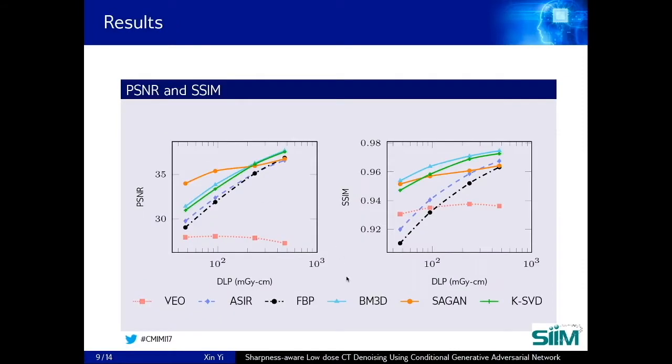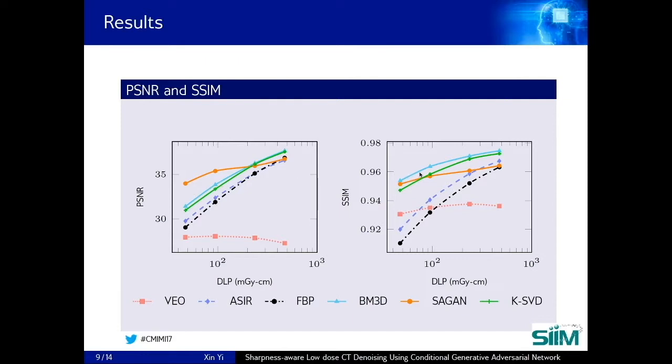Now let's have a look at some results. On this page, I'm showing you the PSNR and SSIM. With the higher value, the better. The x-axis from left to right represents the increase of dose level. SAGAN, as denoted by the orange line, gets the highest performance in the two lower doses, and it was only surpassed by BM3D and KSVD.